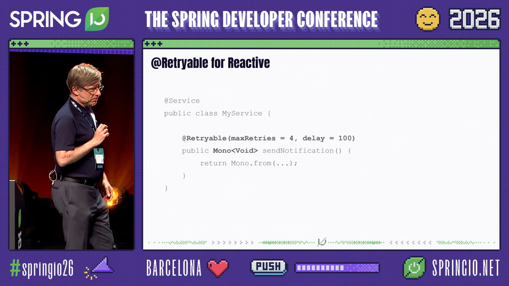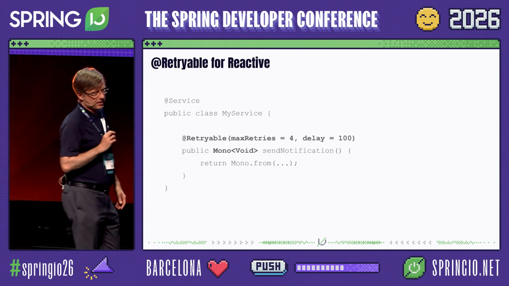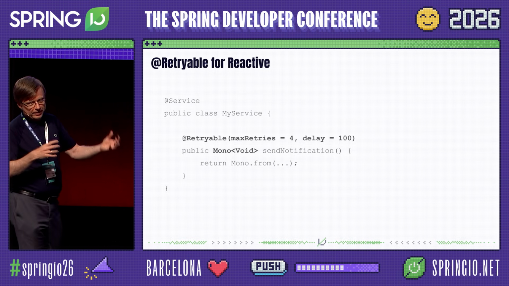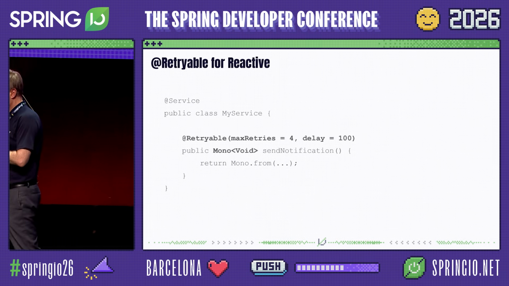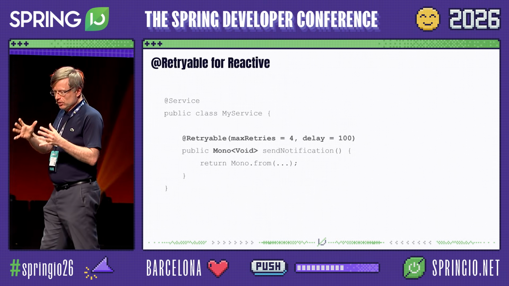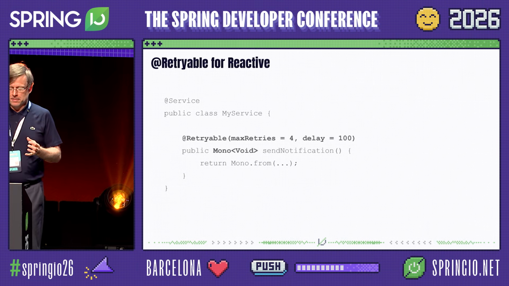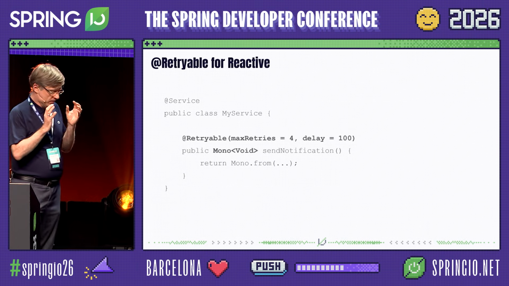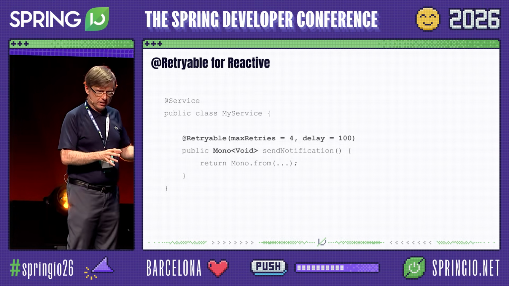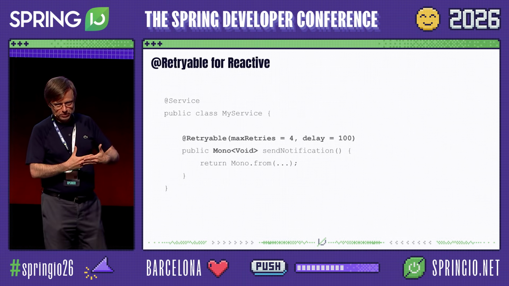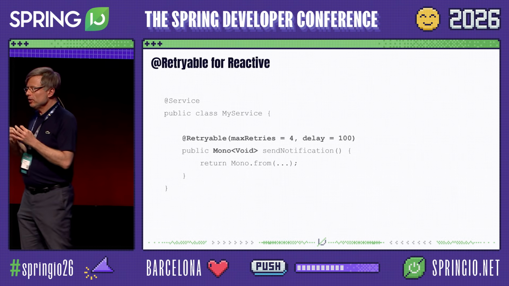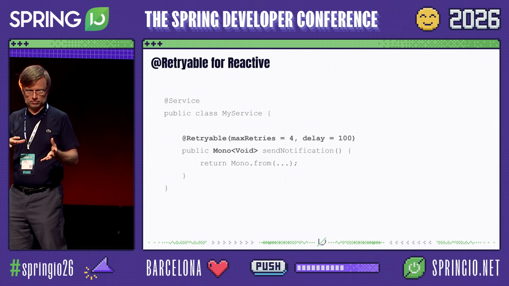Now, a nuance that may not be so obvious, since I was saying we're trying to provide building blocks that match what reactive programming gives you, what Reactor gives you, they actually also interact directly. If you have a method with a reactive return type, just like our add_transactional or our add_cacheable, they are actually specifically understood.